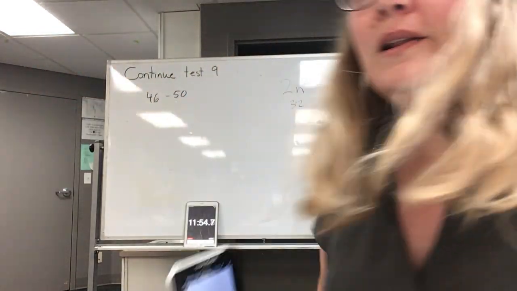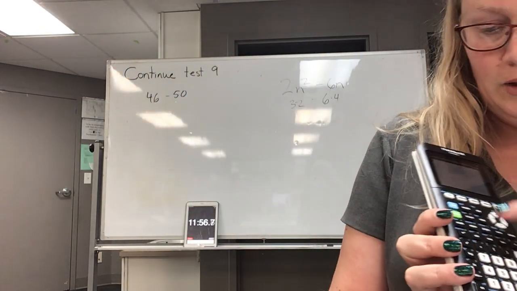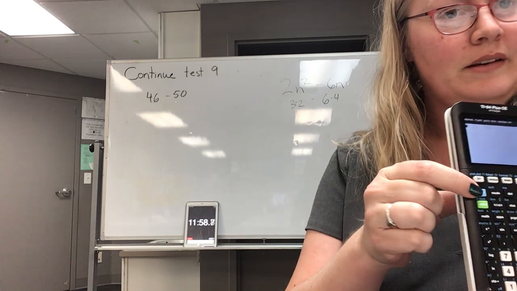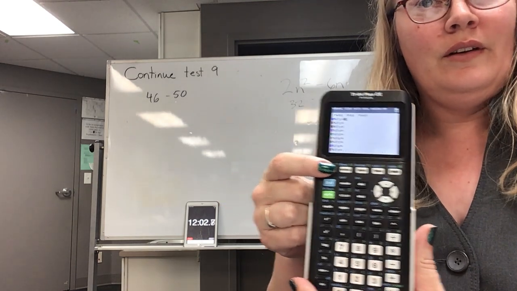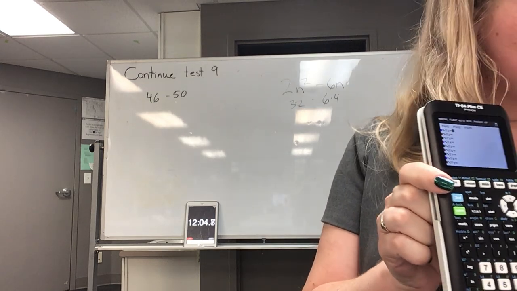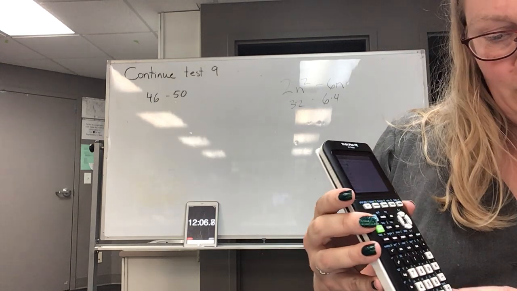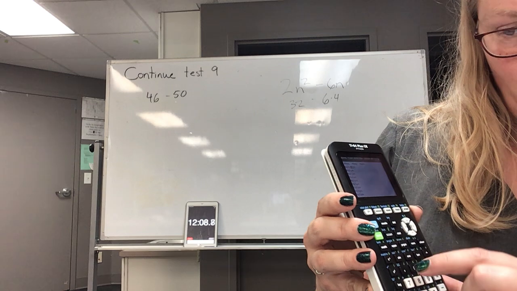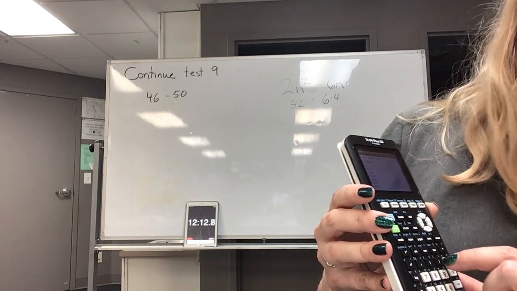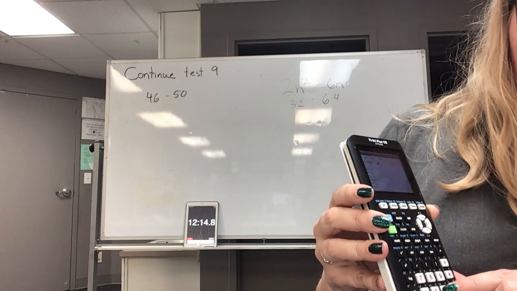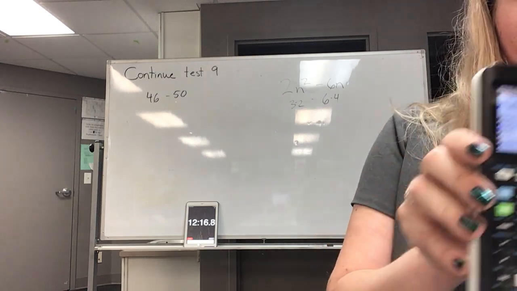So if we look at the calculator, there's the y equals button that is for entering equations. And so in that, I would type the equation that we have, 2 variable squared, and then minus 6 times the variable again.